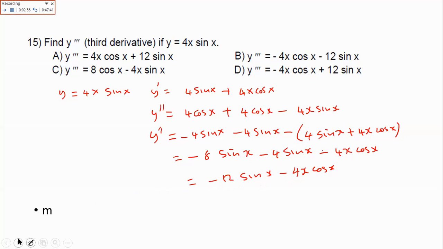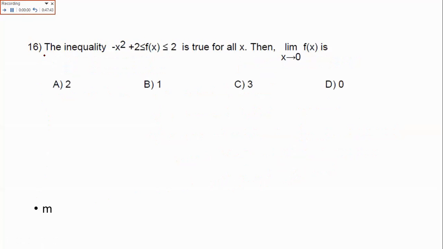Alrighty, let's go to the next. The inequality minus x squared plus 2 less than or equal to f of x less than or equal to 2. Which theorem is this one? Sandwich theorem, yes.